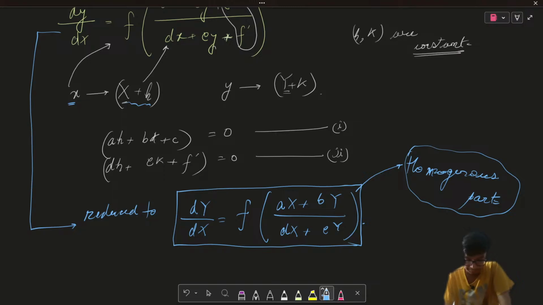Please let me know in the live chat. Is this clear? Is this clear to all of you?